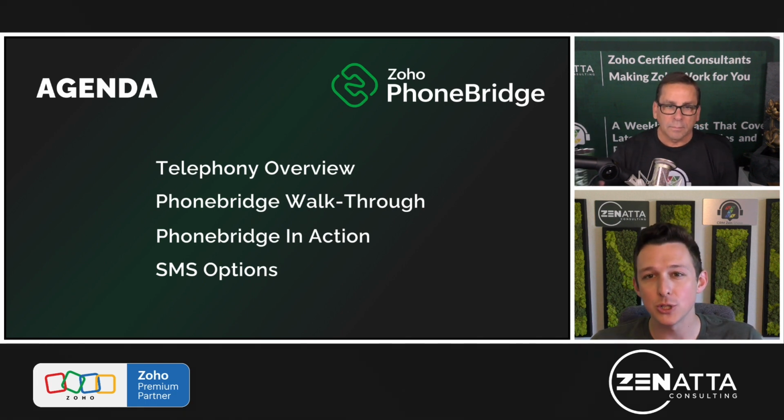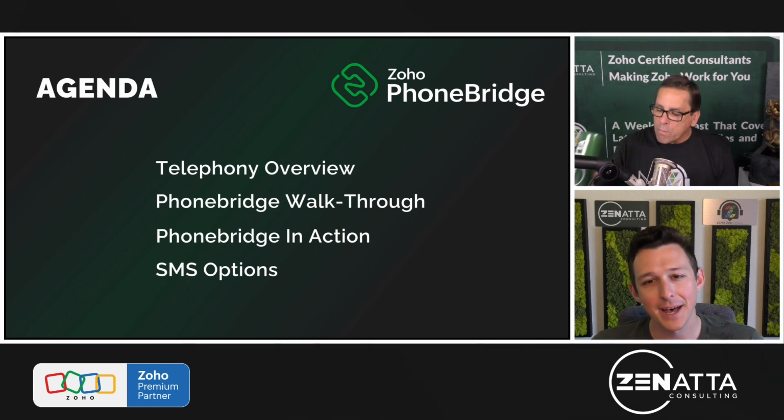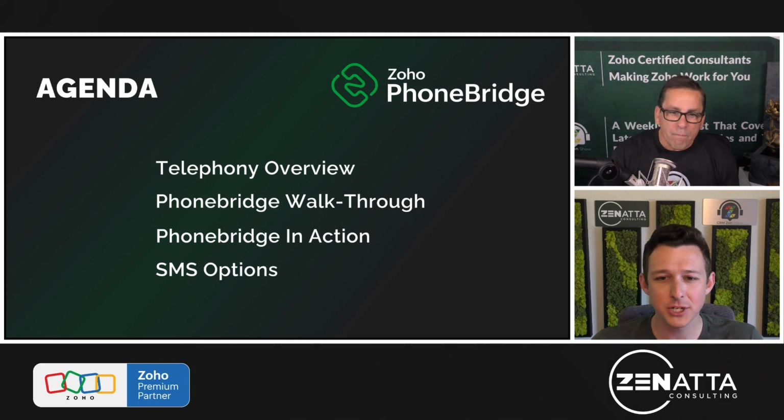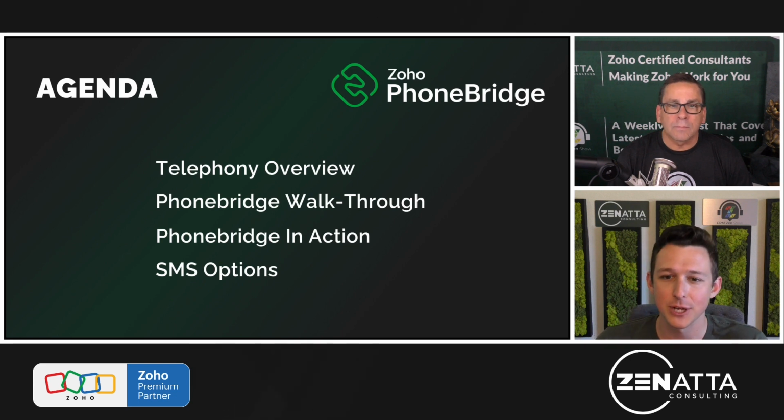PhoneBridge is how most Zoho applications or most phone applications are going to integrate. Then we'll do a quick kind of PhoneBridge in action. I'll be calling Brett while he's in a couple different apps, and we'll show you the different ways that it will pop up and how you can log it. And then like Brett mentioned, we'll do a quick walkthrough of some common SMS options and kind of how to get those going. So with that, let us jump right into our initial overview.